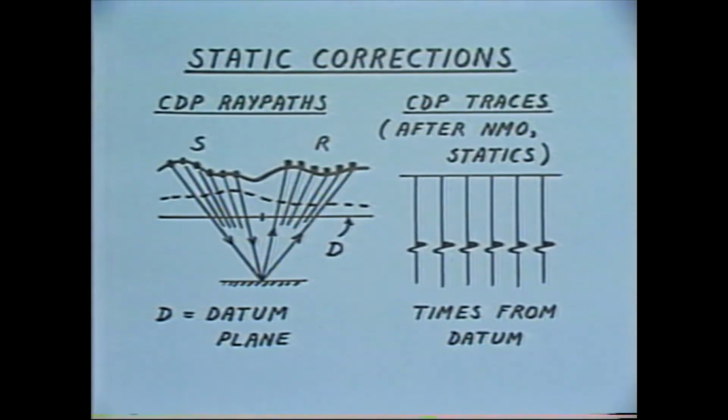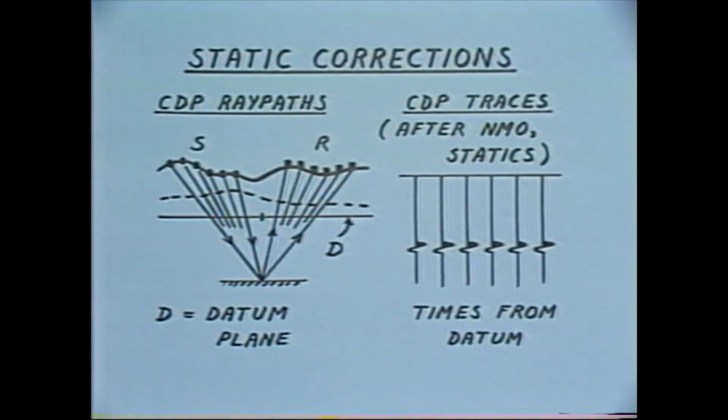Now these corrections are called static corrections. The reason for that is that the amount of time correction we apply is the same for any reflector in the subsurface, because it would undergo almost identical travel paths through the near surface.